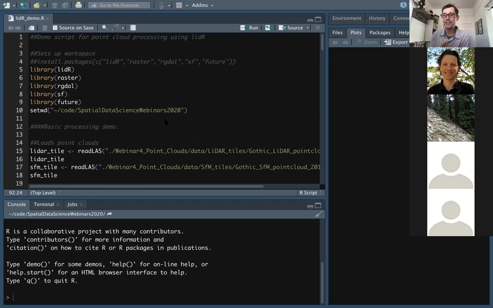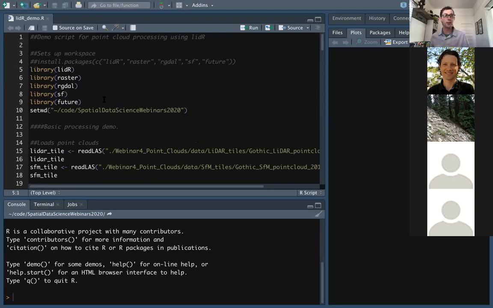Luckily, he's put together a really great package, but he also put together really great documentation. There's an ebook, which is linked in the PowerPoint, that gives us a ton of great information, far beyond what I'm going to be able to do in this demo.